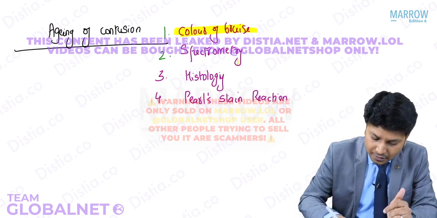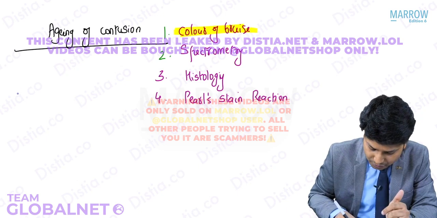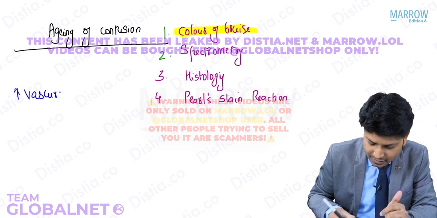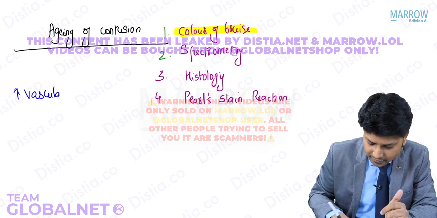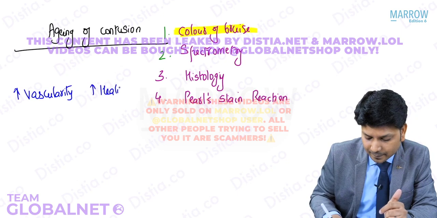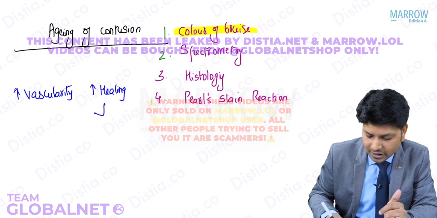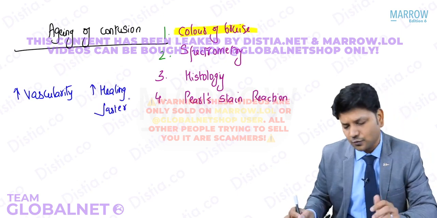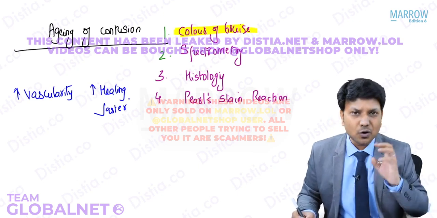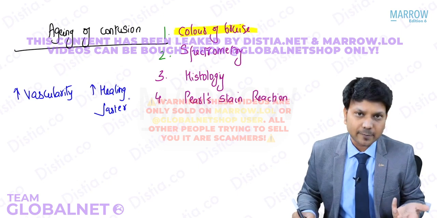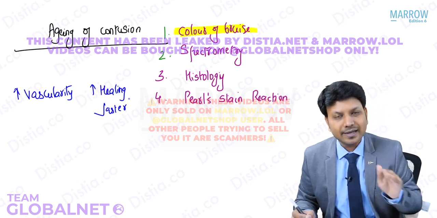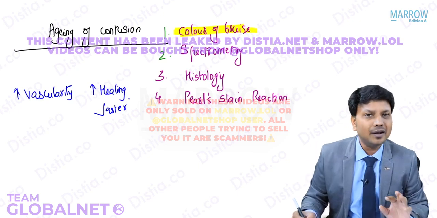Number two, when the area is more vascular, the healing will also be faster. If a particular area has good vascularity, healing will be faster. If it has a poor vascular supply, then obviously healing will be slower.